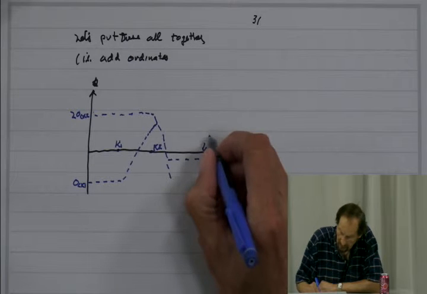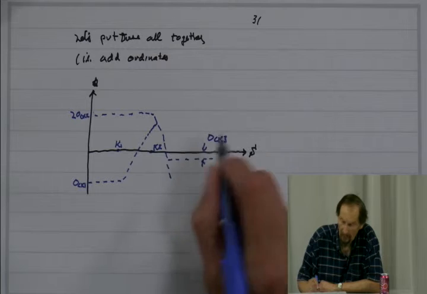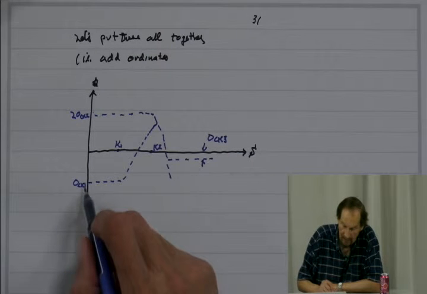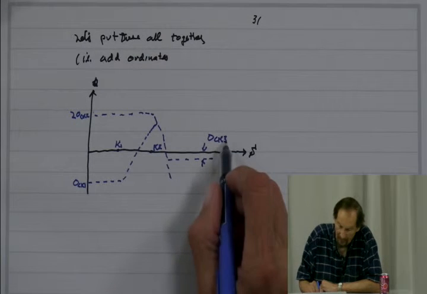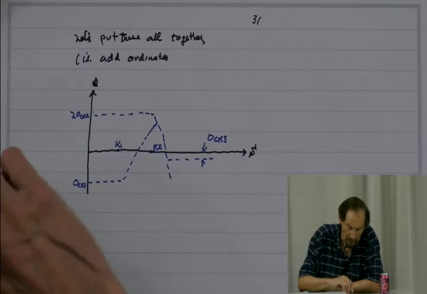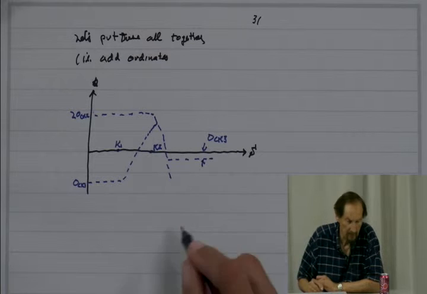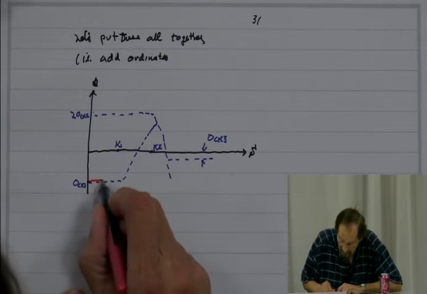This is OC K3. Remember, we buy that call. We buy the call at K1 and the one at K3, and we sell 2 calls at K2. So let's look what happens here. We get something that looks like the following.